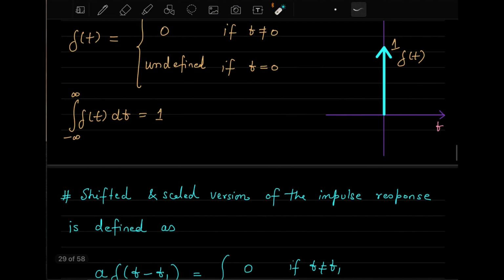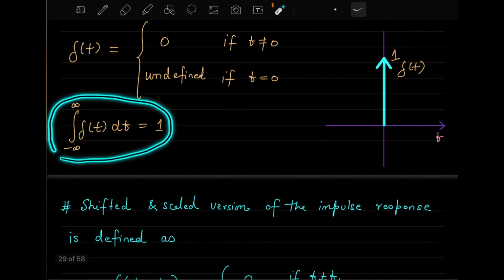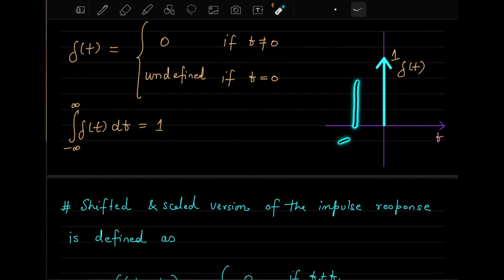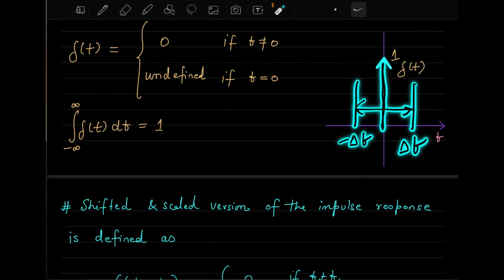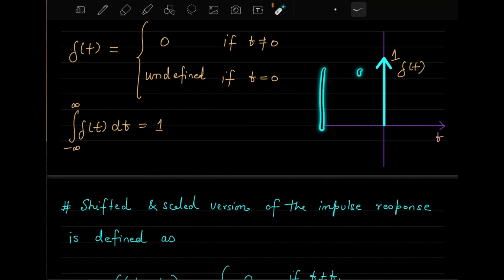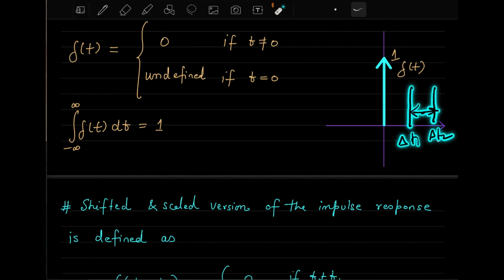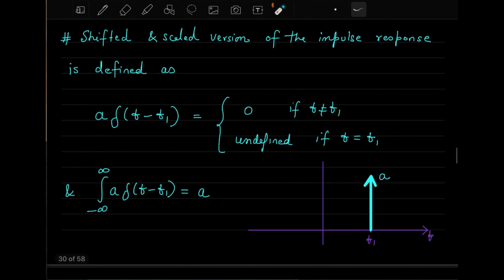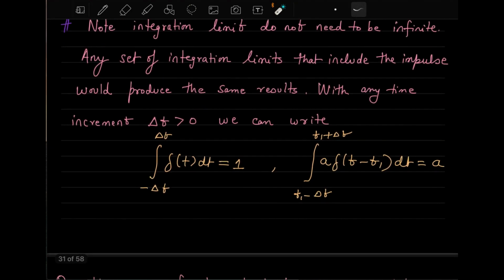Any delta t will work. If your limits are minus delta t to plus delta t, your impulse is lying within this limit, then its value is 1. But if your integral is something like delta t1 this side and delta t2 this side, there is no impulse lying within this integral, so its value will be 0.